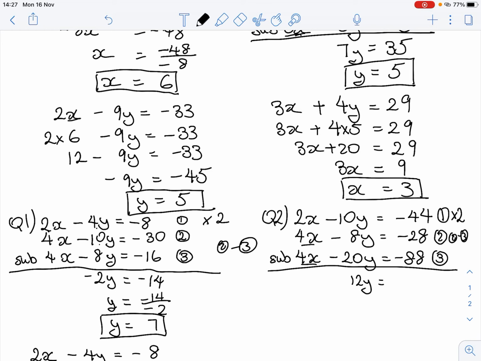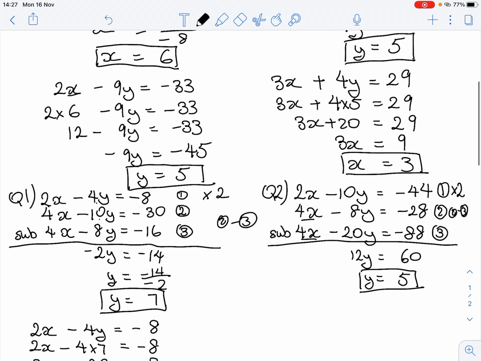That's the same as 88 minus 28, which equals 60. So we know 12y equals 60, therefore y equals 5, because we divide by 12 on both sides of the equation.